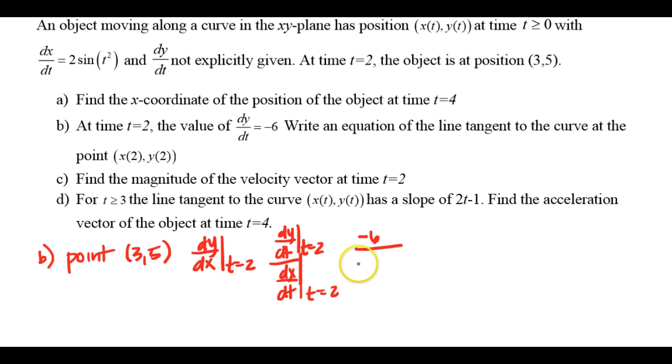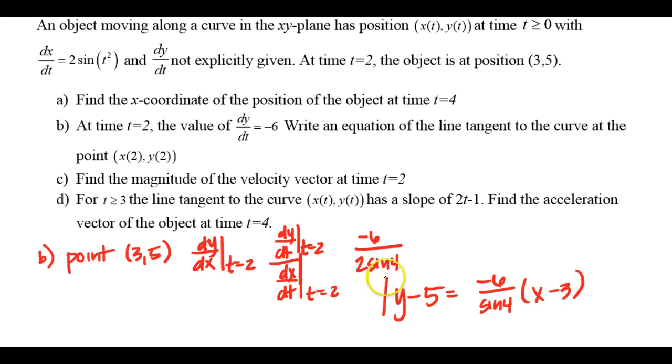So I have 2 sine 4 as the denominator, so here's my slope. I plug that into point-slope form: y minus 5 equals negative 6 over 2 sine 4, times x minus 3. There's my equation of a tangent line to the curve at t equals 2. I didn't need dy/dt explicitly as long as I had that specific value that corresponded to t equals 2.